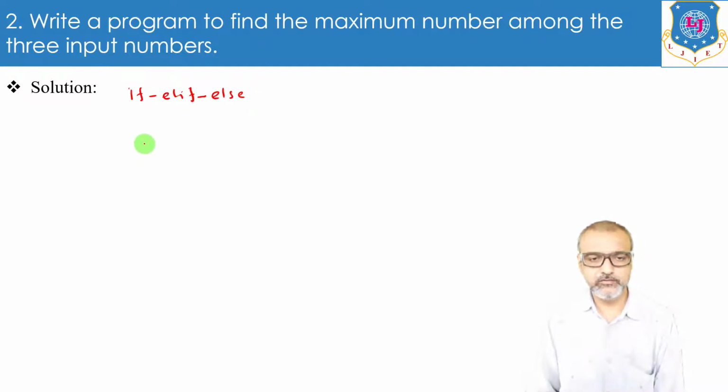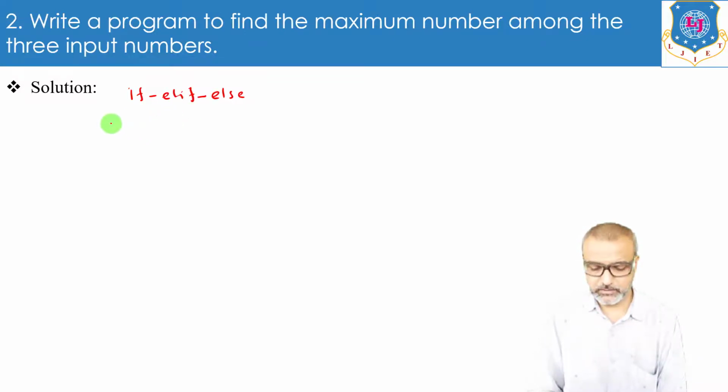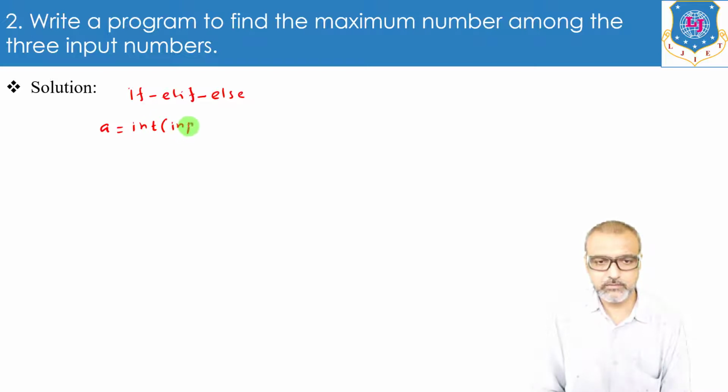So first of all, we will take three numbers from the user, and then after we'll apply if, elif, else block. How? I will just make you understand. First of all, say a, that is equals to int of input of enter first number.